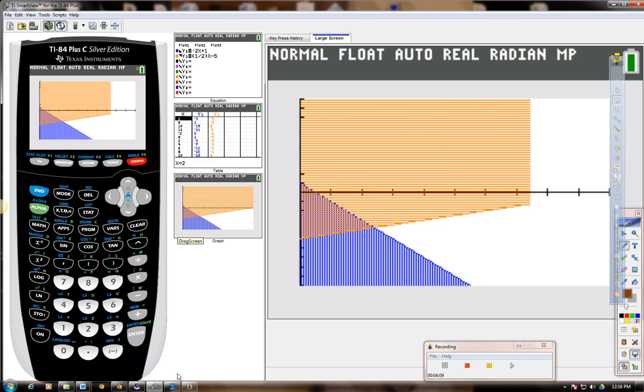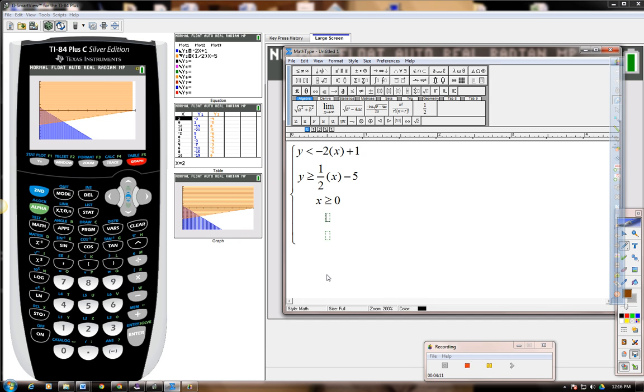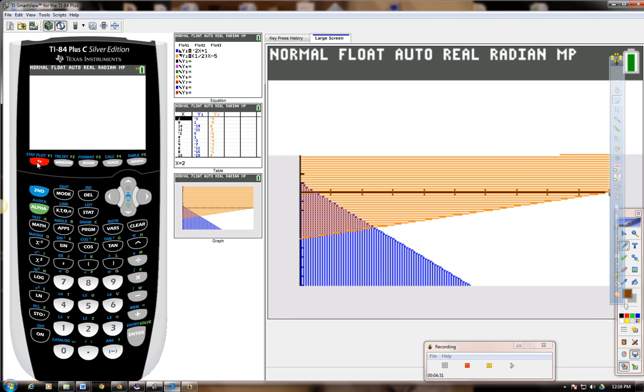And then if I wanted to input y is greater than or equal to 0, I can actually do that because it is in y form. I can actually put that into my y equals. Okay?